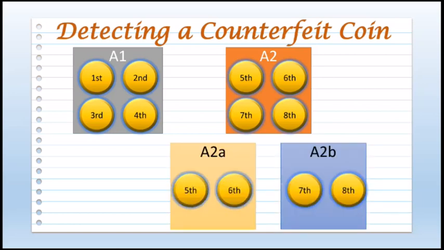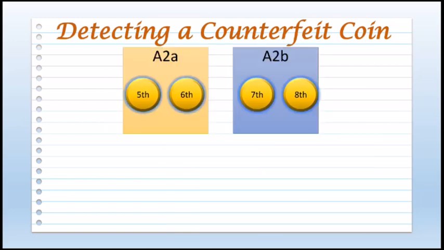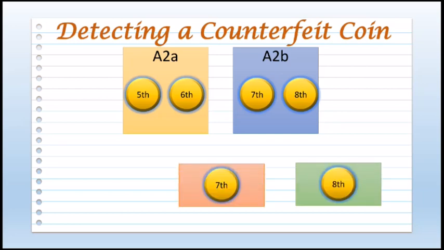Again, A2 we will divide into two separate groups. A2A will be our first group, and A2B will be the second group. Again, we repeat the same task. We compare the first set with the second, and whichever has lesser weight, the counterfeit coin will be present there. Suppose we consider that in A2B there is a counterfeit coin.